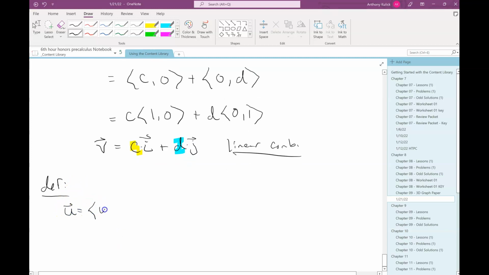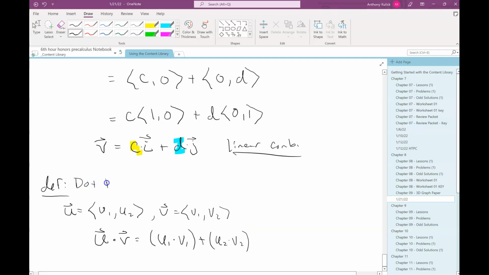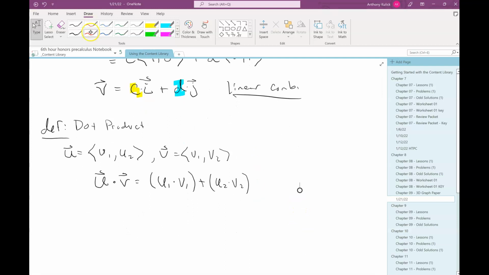So if we have vectors u and v, we say that u dot v is equal to u1 times v1 plus u2 times v2. Notice something unusual about this dot product?